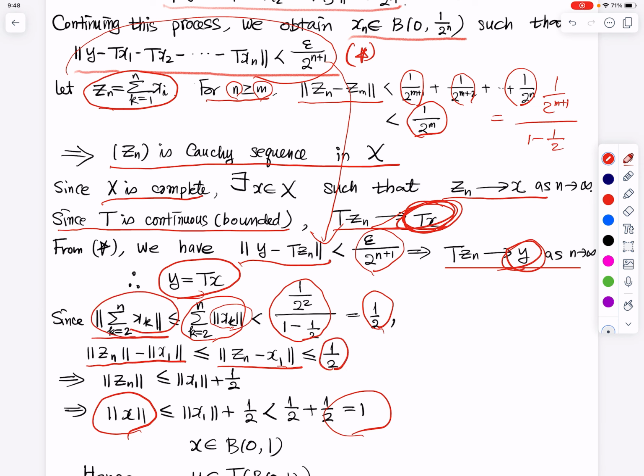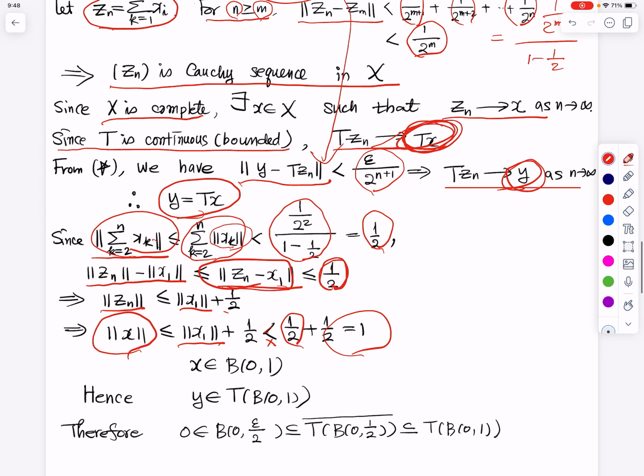So finally the norm of zn is less than the norm of x plus one half. And then we know that the norm of x is less than one half. So I have not equal here, that's why I proved it in this way. So finally we have the norm of x is less than 1.